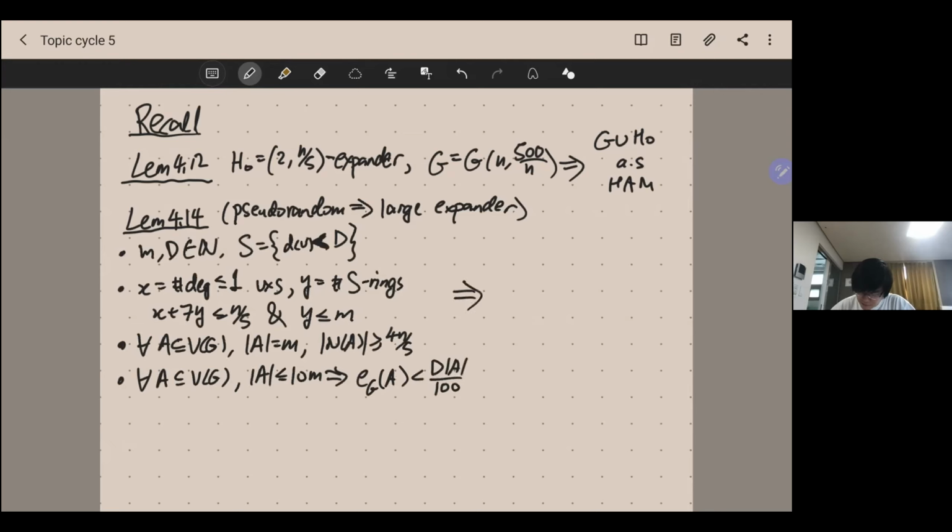If these are satisfied, then we can find a W of small size, which is measured by the number of low degree vertices of degree at most 1 and the number of S rings, such that G minus W is the expander we want.